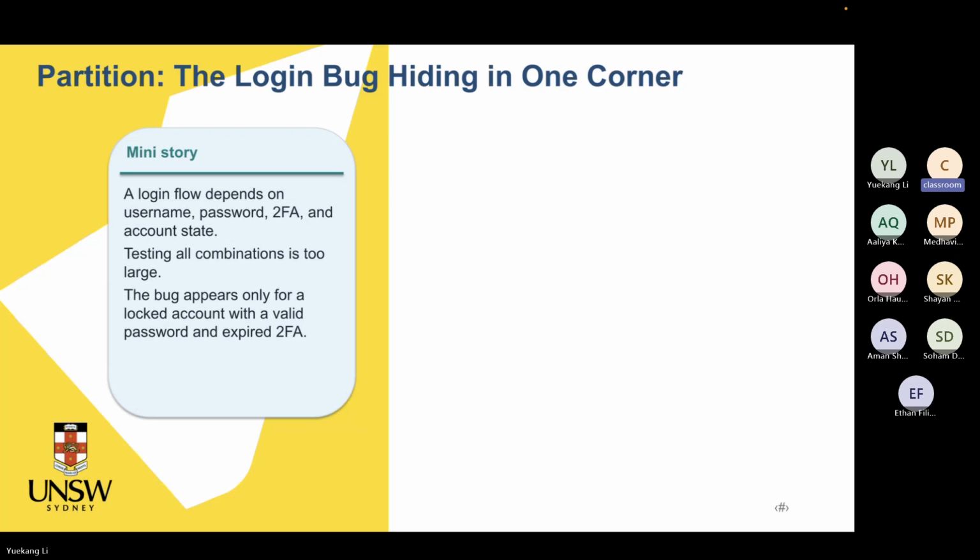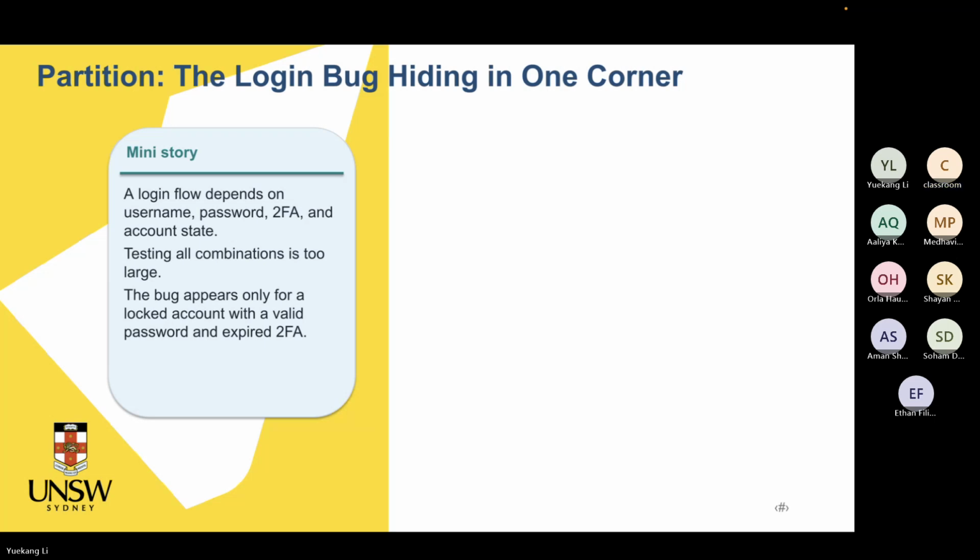login flow. Sometimes the login flow may require you to have usernames, passwords, a two-factor authentication code, and also the account state. If the account is disabled, then we cannot log in, right?